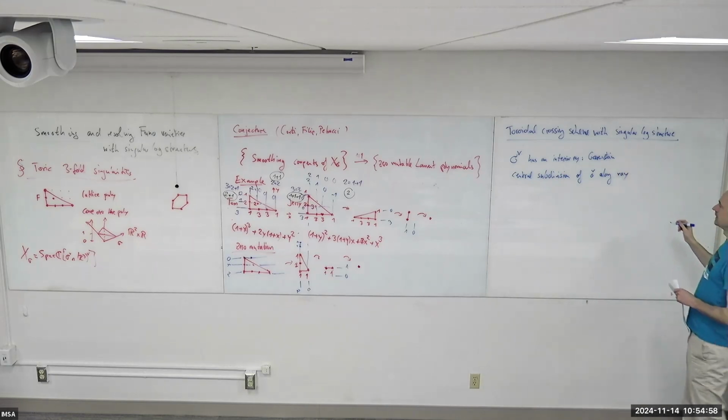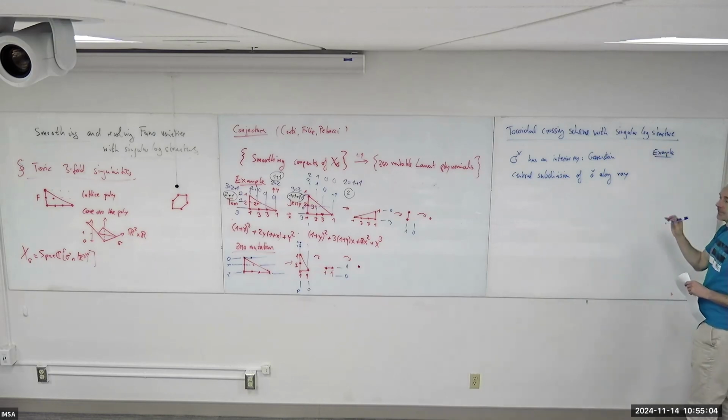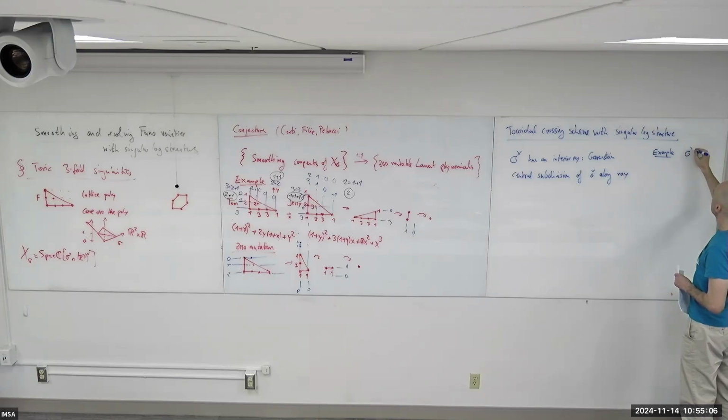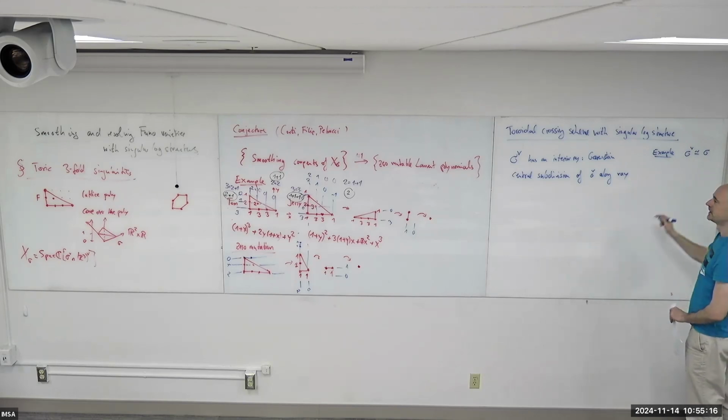So in our example, the example is a bit special in the sense that the dual cone is isomorphic as a lattice cone to the original one. That makes it a bit more convenient for me, because I don't have to introduce a new cone. The dual cone is really also just the cone over a polygon. That's unusual.